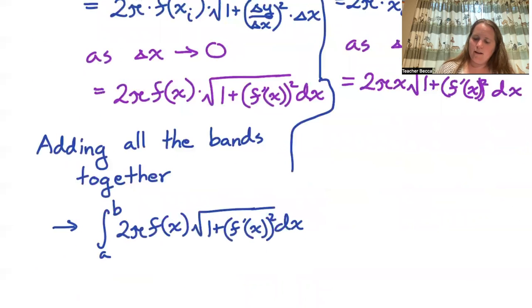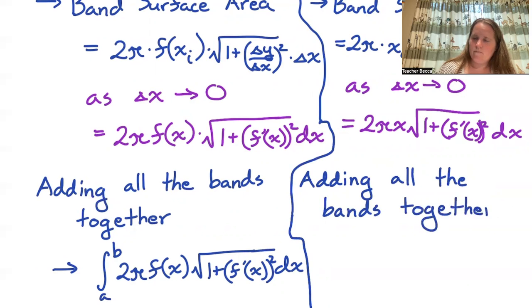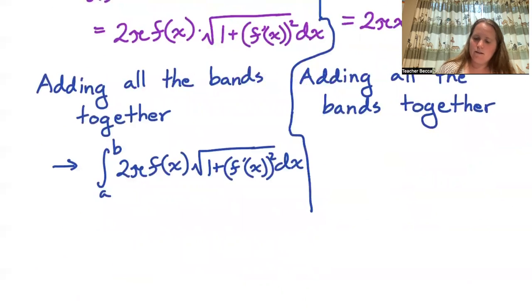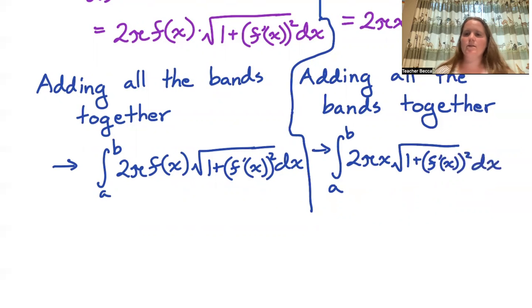Once again, adding all the bands together, we are looking at the definite integral from a to b of 2 pi x times the square root of 1 plus f prime of x squared dx.